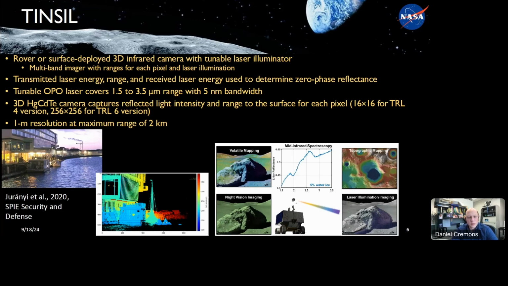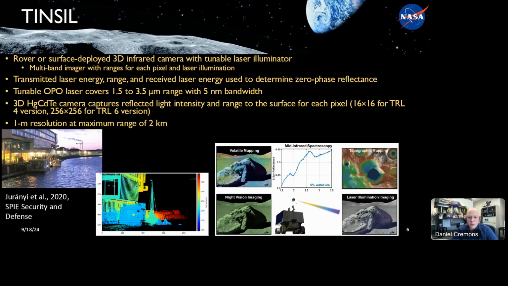These images come in series as we tune our laser across the wavelengths of interest. Here we've chosen 1.5 to 3.5 microns for our wavelength range. Again, that covers really key absorption features for both CO2 and water and OH.